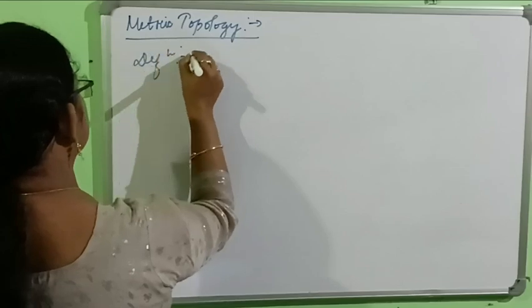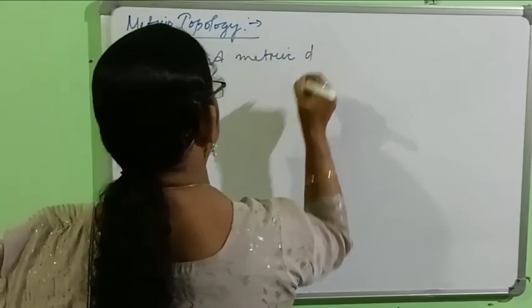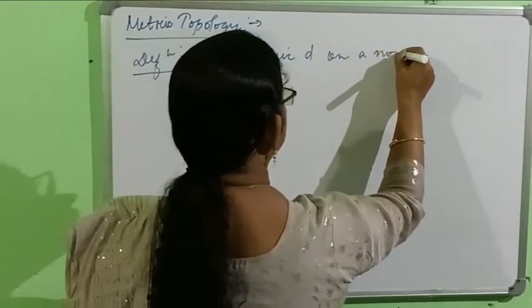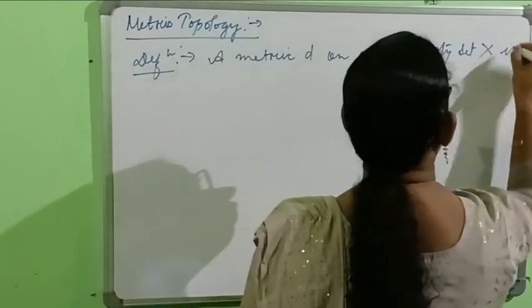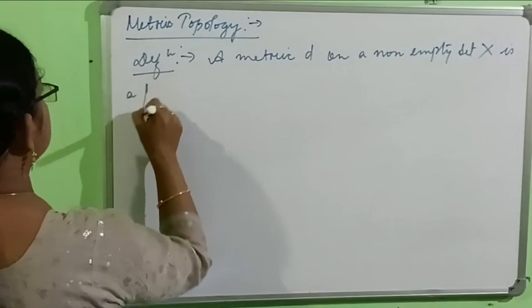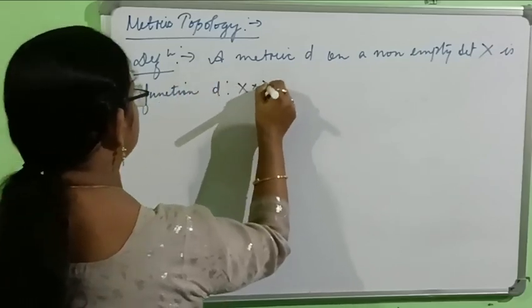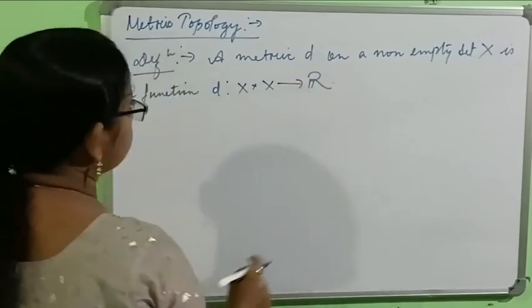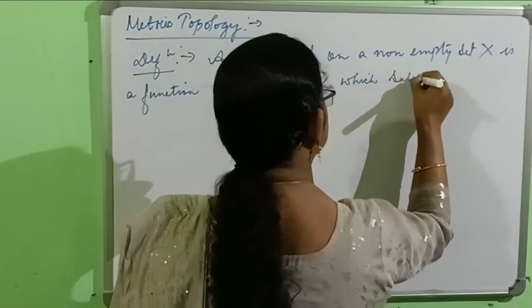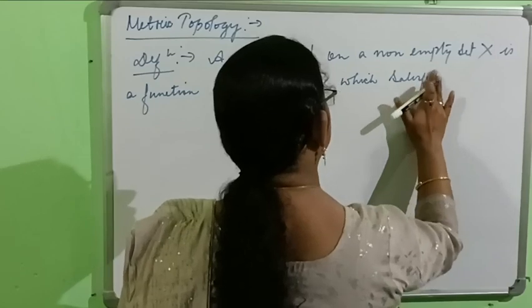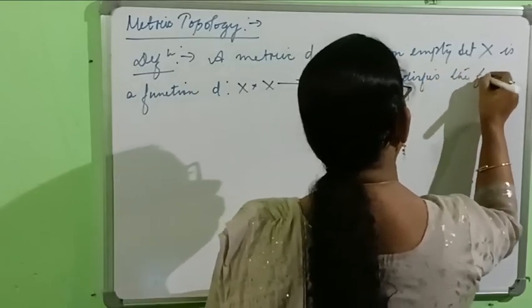Definition. A metric d on a non-empty set X is a function d from X cross X to R which satisfies the following properties.